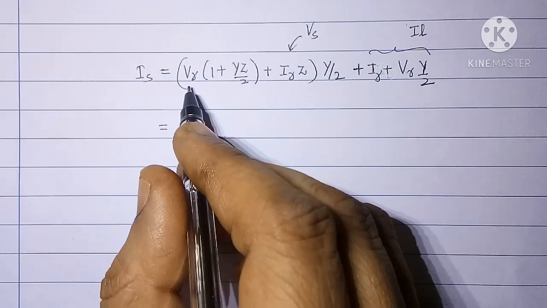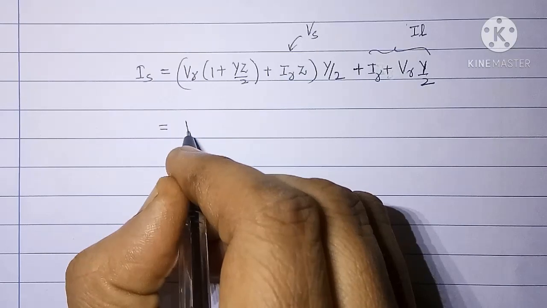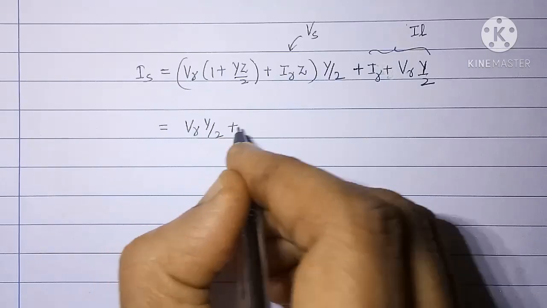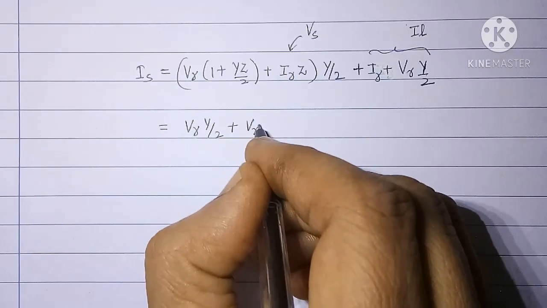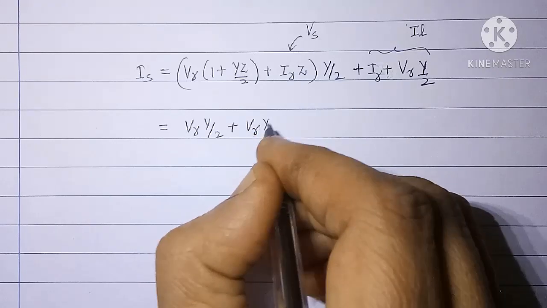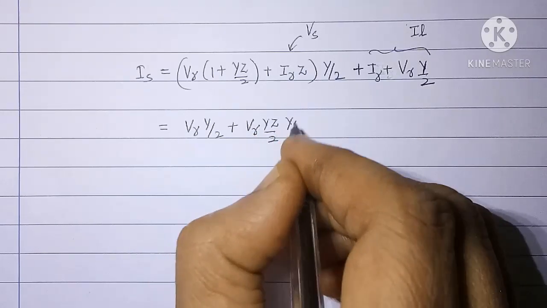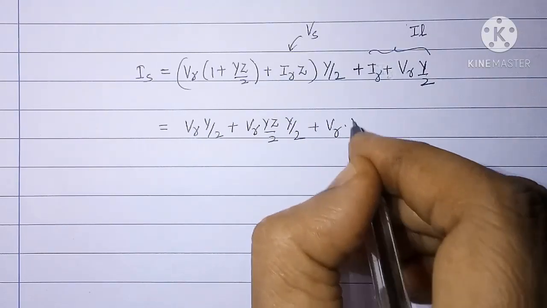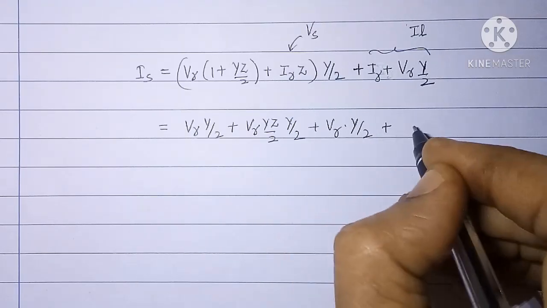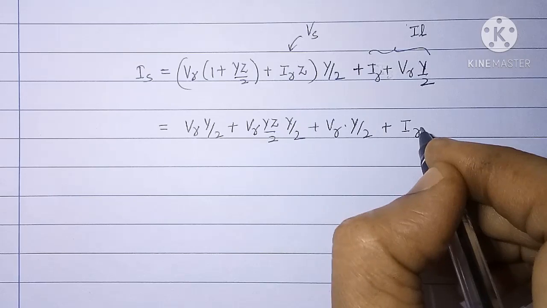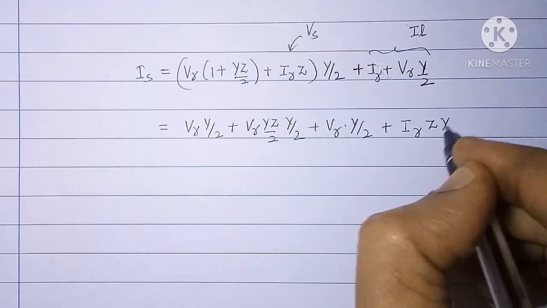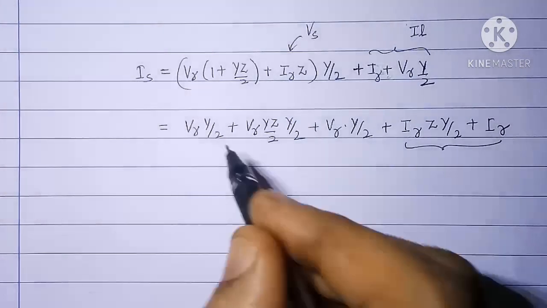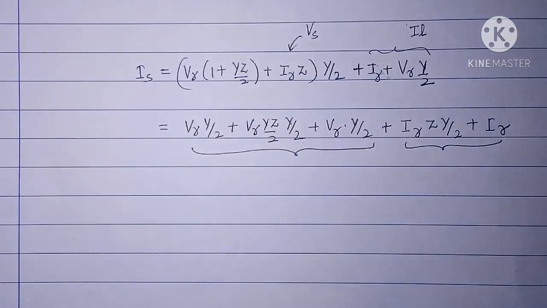Now we will separate the terms containing VR and IR. VR into Y by 2 plus VR into YZ by 2 into Y by 2 plus VR into Y by 2 plus IR into Z into Y by 2 plus IR. So these are the terms containing IR and these are the terms containing VR.